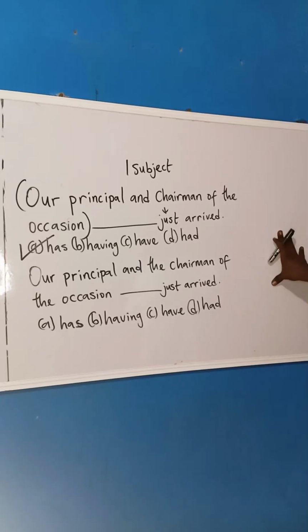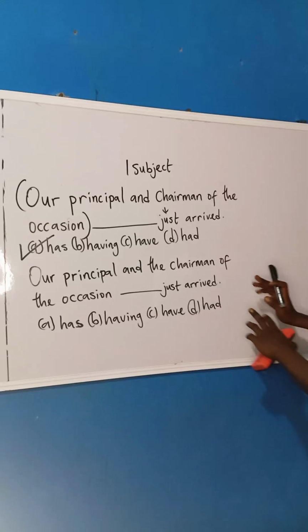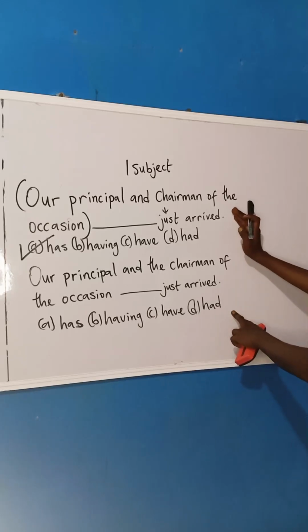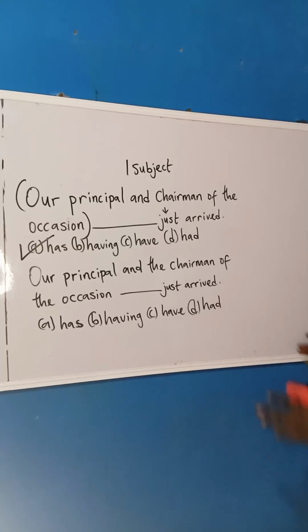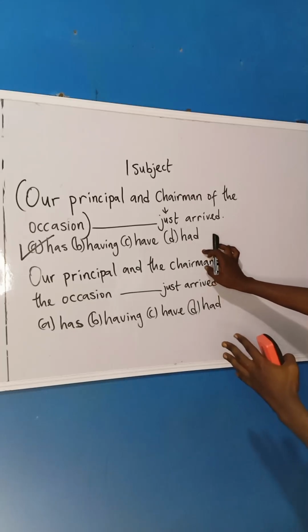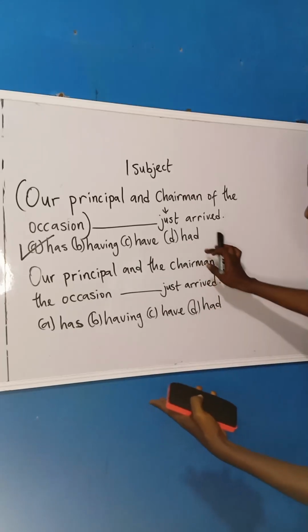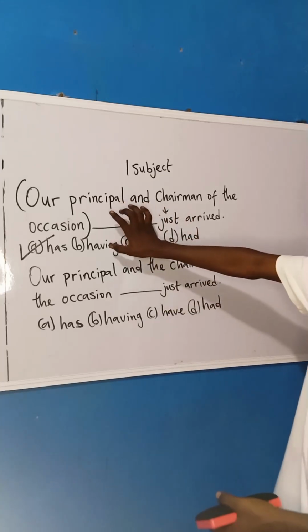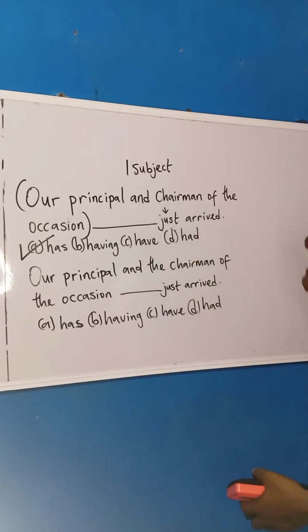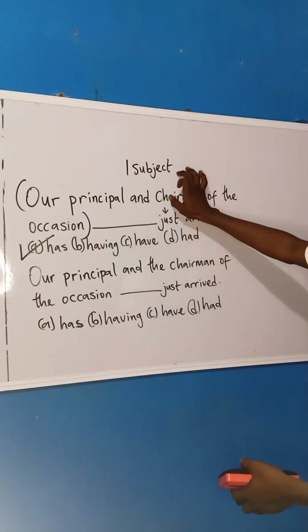A principal and the chairman of the occasion dash just arrived. This one is different from this. This one we have two subjects, based on what you see and based on the actual meaning of what you see. I said something here that based on what you see, we have two subjects, but based on the actual meaning of what you see, we have one subject.